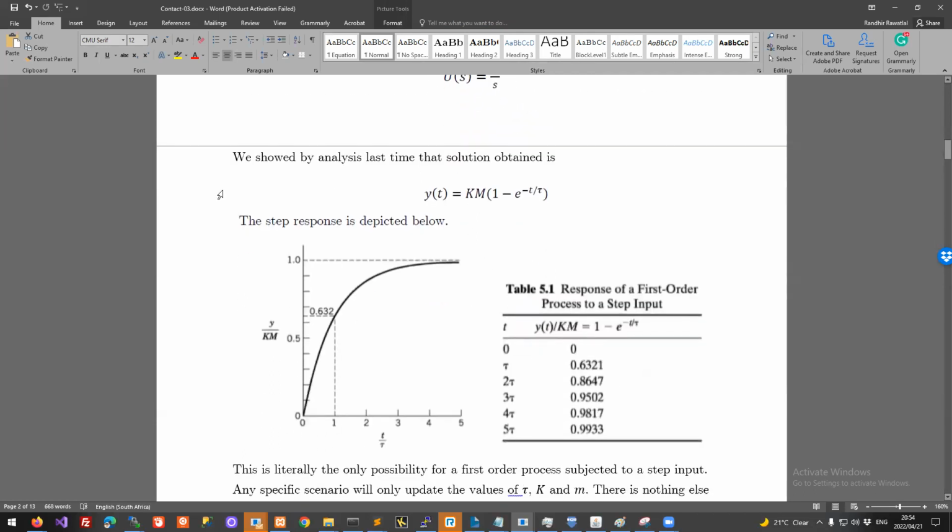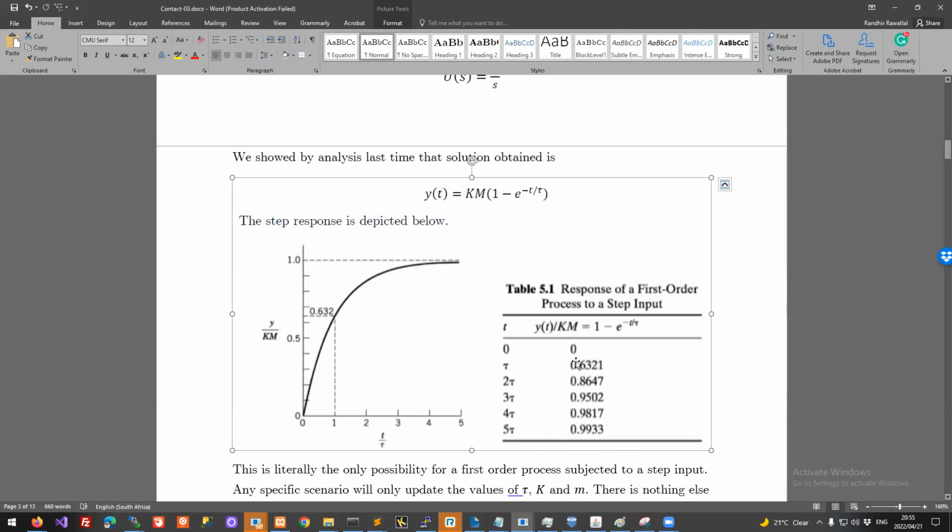And so this equation tells us that for any step, for any first order process, this is going to be the governing equation. And so in this nice general form, we can say, well, if I rewrite this as y divided by km, and if we work with t divided by tau, we can look at t as factors of tau. So when t equals tau, it's a 1, and 2 tau, it's a 2, and so on.